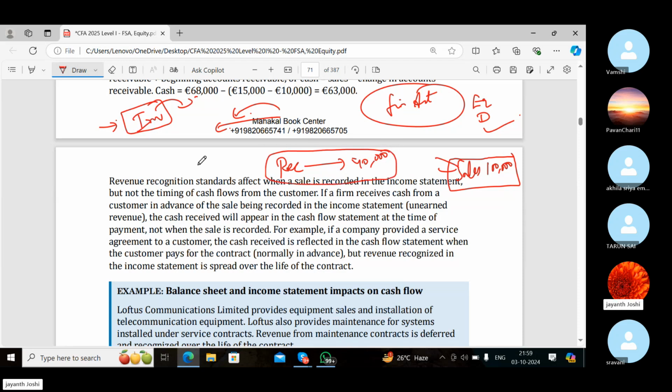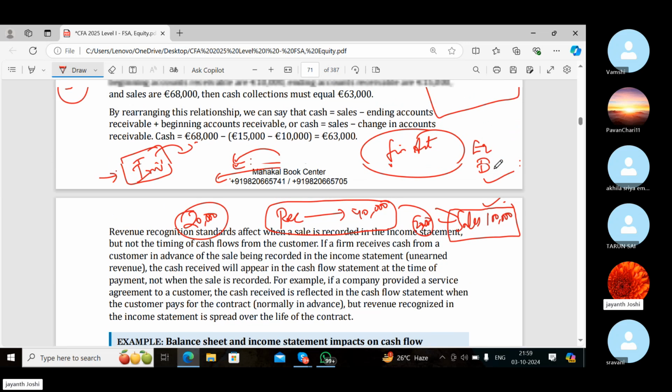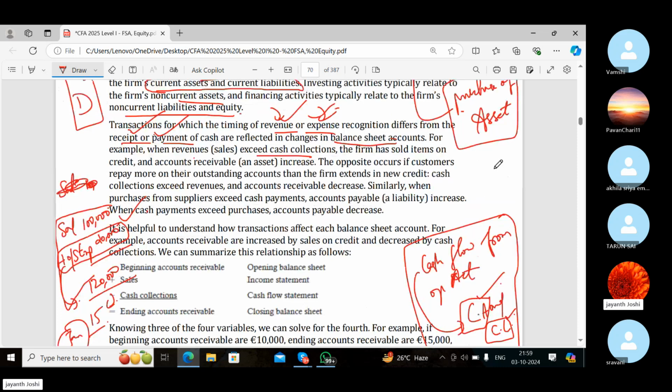The receivables are 40 and you only got 20,000 as your collection and still your receivables are 20. But in the income statement, you are showing the entire revenue as 1 lakh, right? See, 1 lakh is the sales. In that 40,000 is credit sales. In that 20,000 collected, 20,000 still to be collected. The still to be collected is again receivables, but you are showing the full amount in the income statement as sales, right? Because the concept you are following is revenue is recognized when it is earned rather than received. That's what.